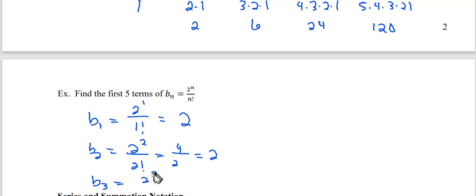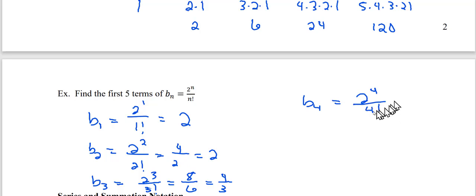B3 is 2 to the third over 3 factorial, which is 8 over 6, or 4/3. B4 would be 2 to the fourth over 4 factorial, which would be 16 over 24, which is 2/3.